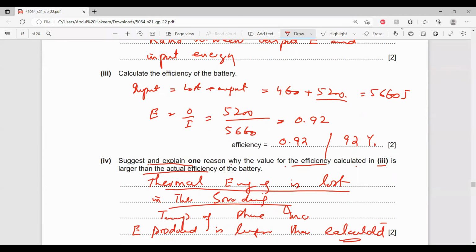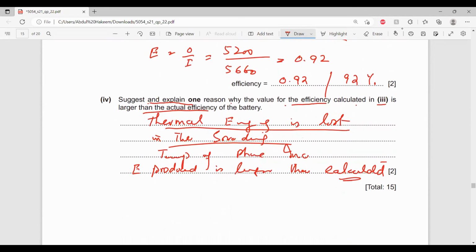So actually the energy produced is larger, and that's why the answer will be different. We are calculating the output energy as light and sound plus the temperature of the cell phone, but what about the energy lost to the surroundings? That's why the answer is different in actual.